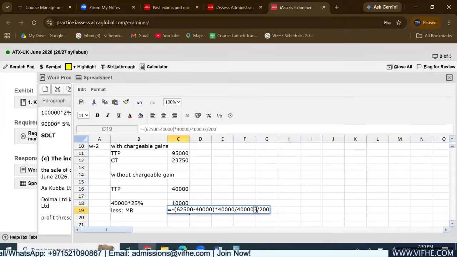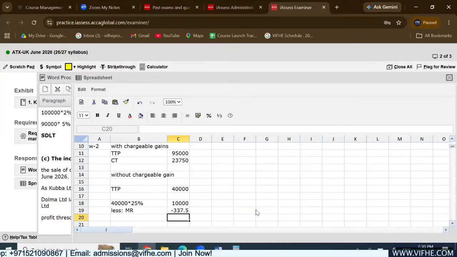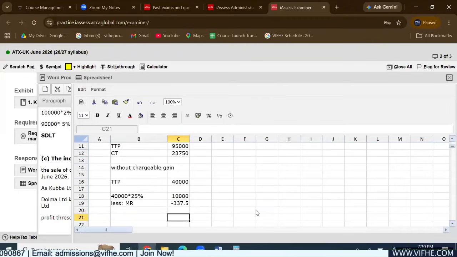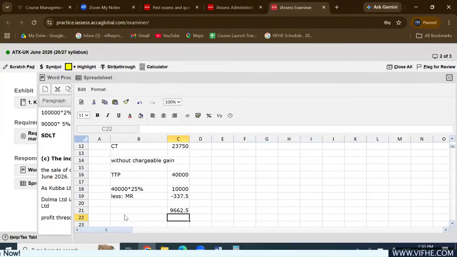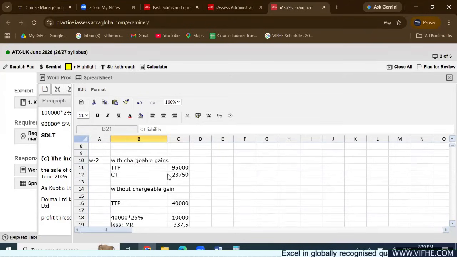So I just need to see what the corporation tax liability would have been had there been no chargeable gains implication. In this case, our corporation tax figure would have been just 9,662. But because of disposing of the asset, the corporation tax liability has increased to 23,750.